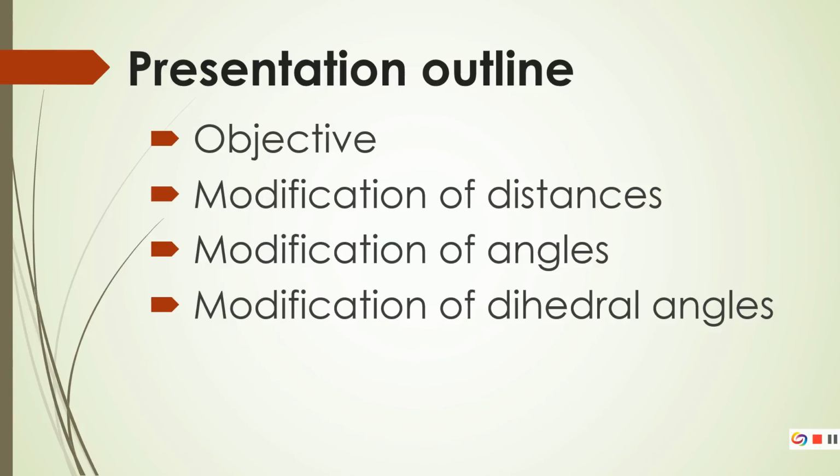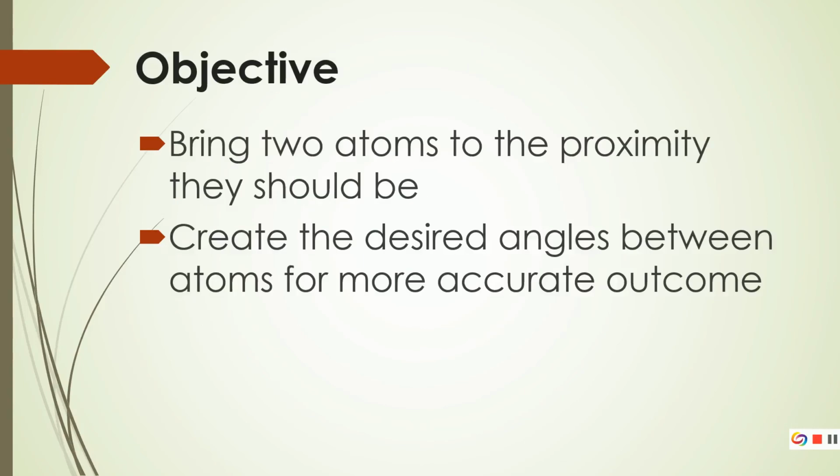First of all, the objective: why do we want to modify distances and angles? Because we want to bring two atoms to the proximity they should be. I'll explain it later. And to create our desired angles for a more accurate outcome, we need the angles to be in perfect position.